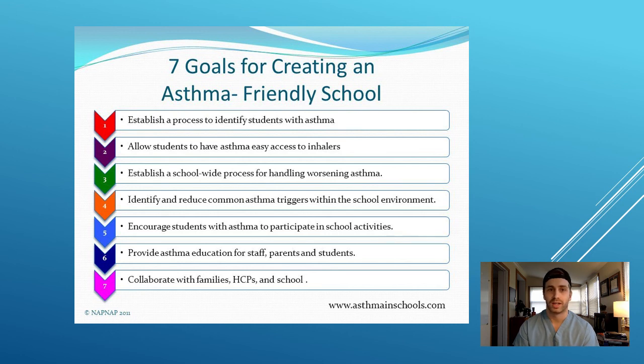You don't want them just sitting out because they have asthma. And then provide asthma education for the staff, students, and parents. It's always good if the peers know that someone has asthma and where their inhaler is, so they can run and grab it for them, as well as with an EpiPen for anaphylaxis. And then collaborate with families, healthcare providers, and the school.